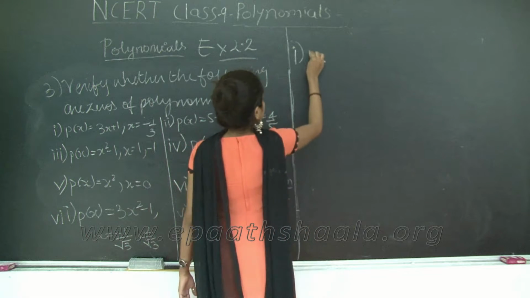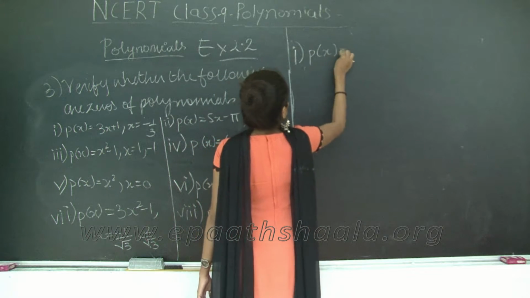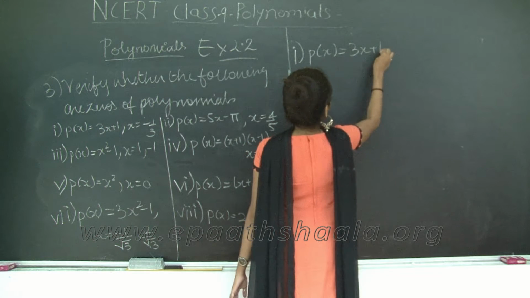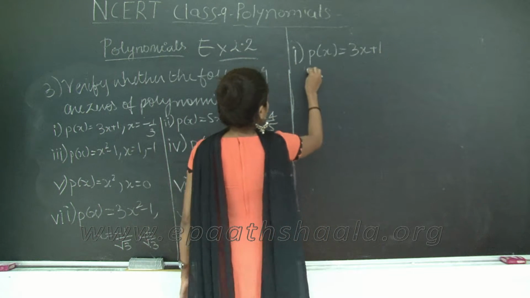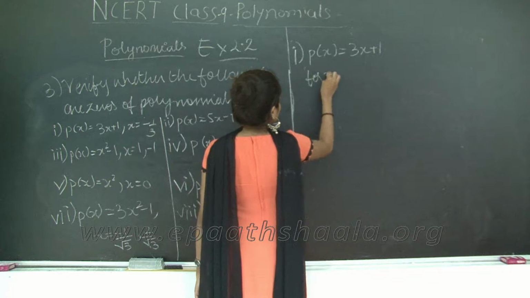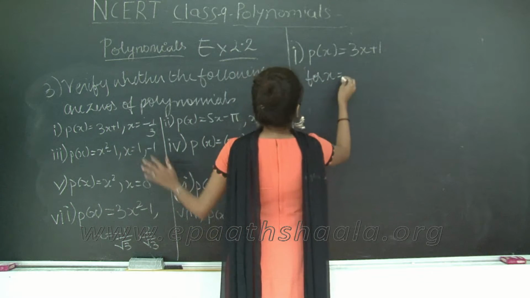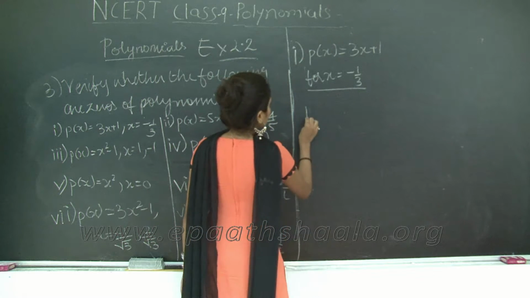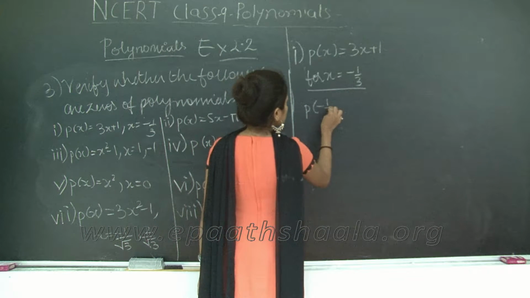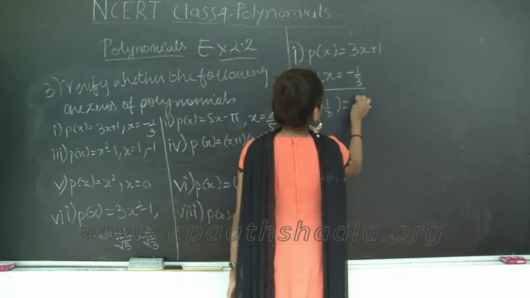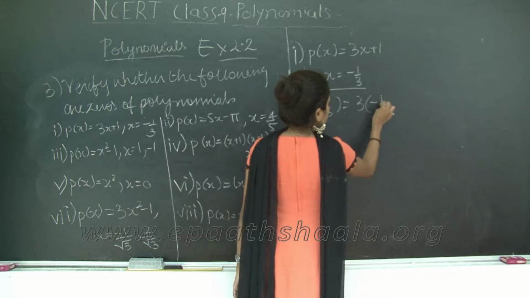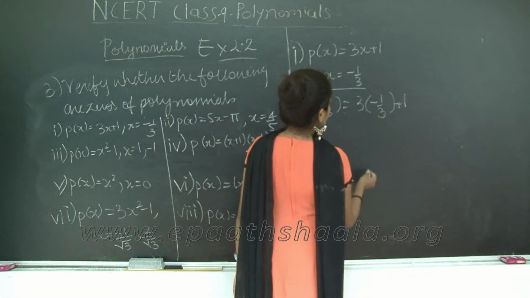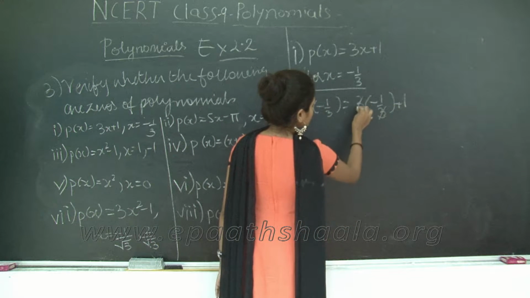So p(x) = 3x + 1 for x = -1/3. Your polynomial becomes p(-1/3) = 3 × (-1/3) + 1, right? 3 ones are 3, 3 ones are 3.